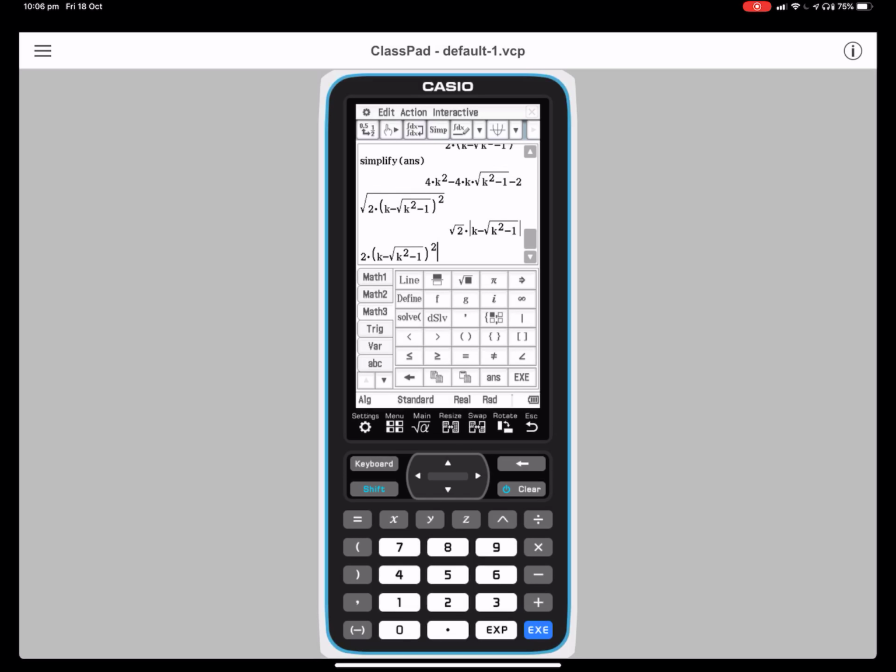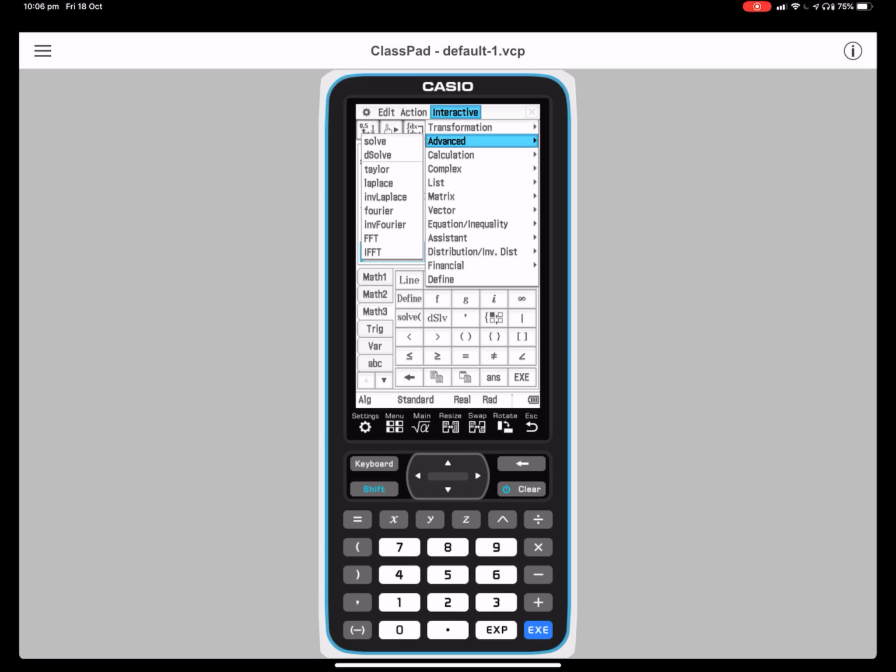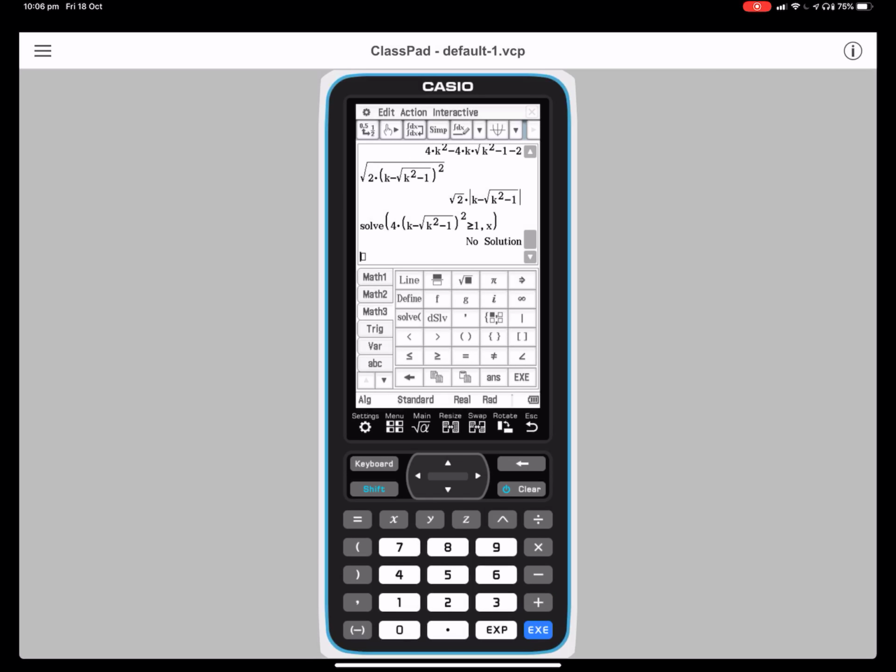So we want to do that, but with a 4, is greater than or equal to 1. Greater than 1. Equal to 1.